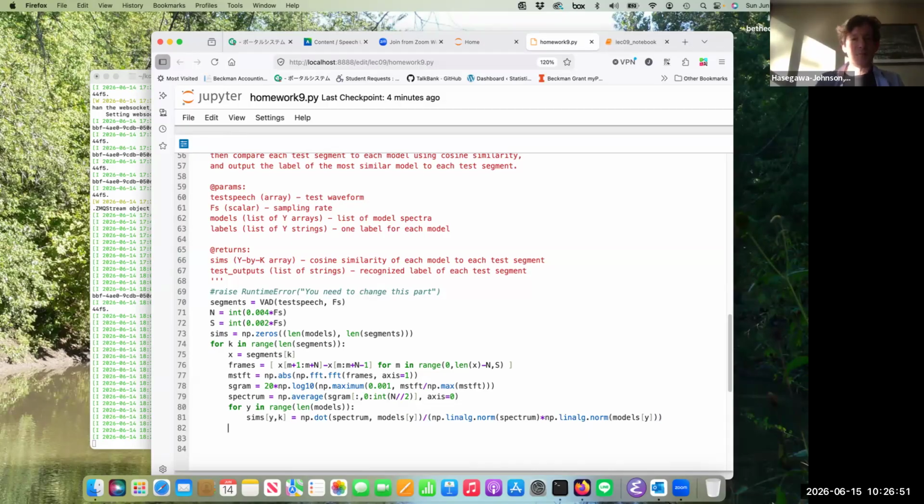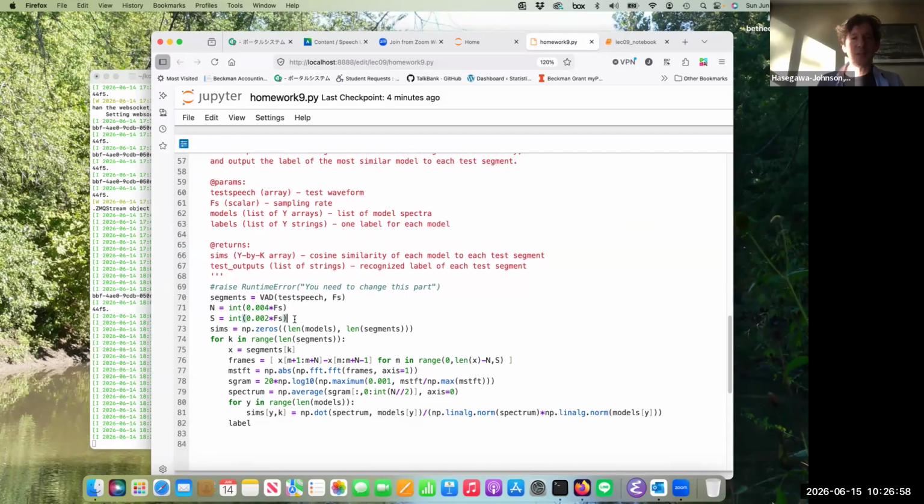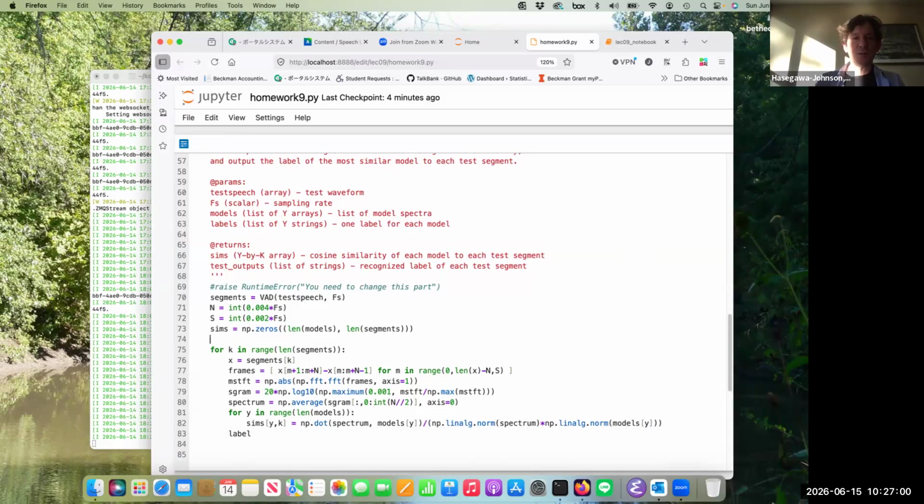And once I've done that for every possible model, then I want to create a test output. The test output here is a list of strings. So I want to append to the test outputs the label corresponding to the argmax of sims of the kth test segment.